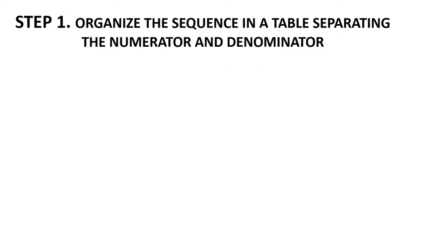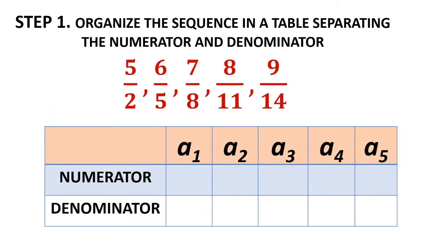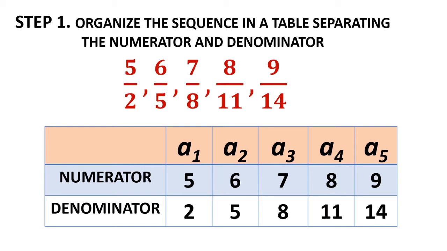Step 1. We need to organize the sequence in a table separating the numerator and the denominator. So the numerators of this sequence are 5, 6, 7, 8, and 9, while the denominator 2, 5, 8, 11, and 14.